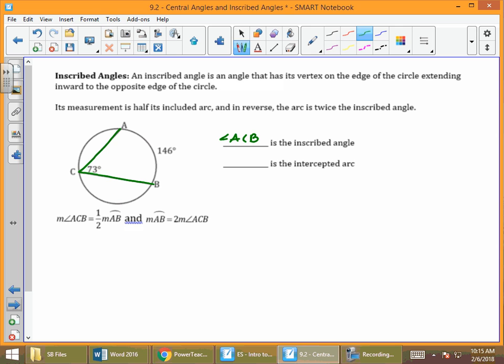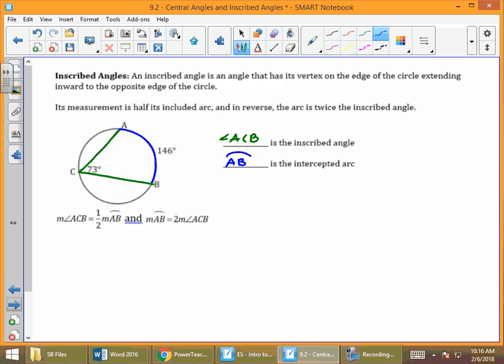And its intersected arc, that is the arc in between. We go from A to B, that's its intersected arc. And if you notice, the arc measures 146. Divide that by 2, cut it in half, and that gives you the angle measure, 76.